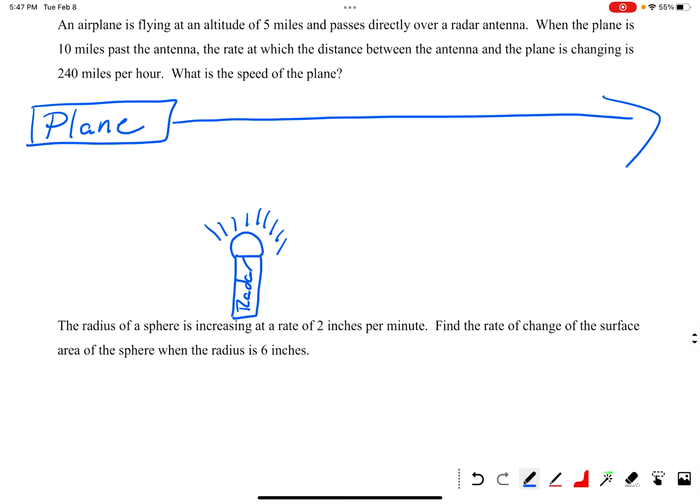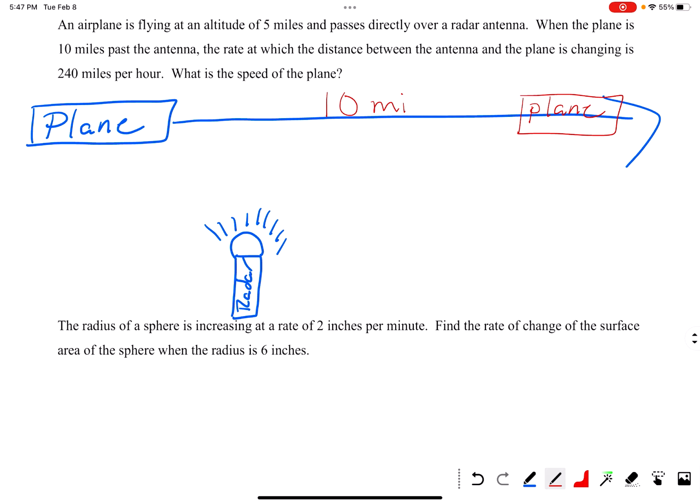So he's going to pass over this radar antenna, and then I want to know, as this plane is traveling, when the distance between the plane, which would now be over here somewhere, when it's 10 miles, I want to know the speed.